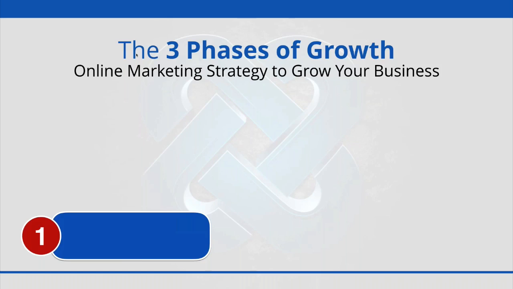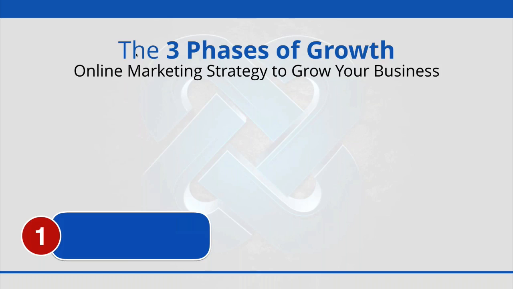It's not going to happen. So the idea with these 3 phases of growth, again, is to give you a very clear step-by-step process and to understand what you should be focused on based on which phase you're in and what you shouldn't be worrying about just yet. What are the things that you're going to grow into and move into? All right? So here we go.